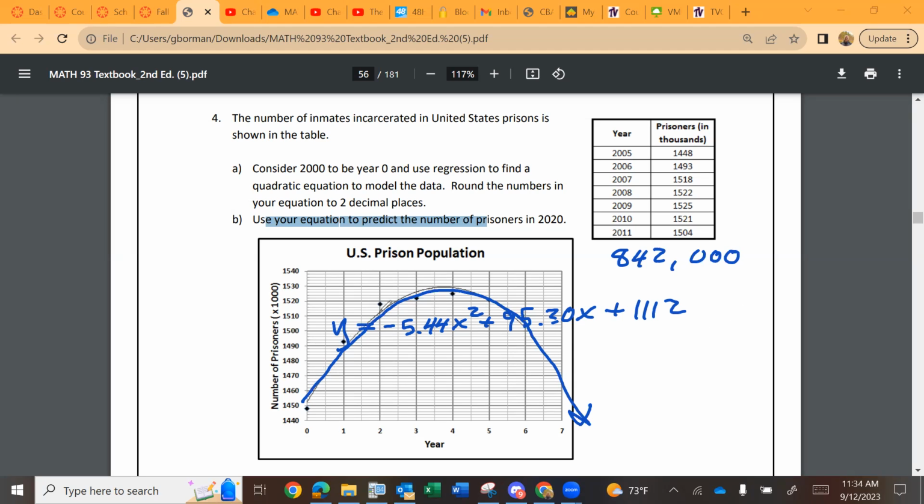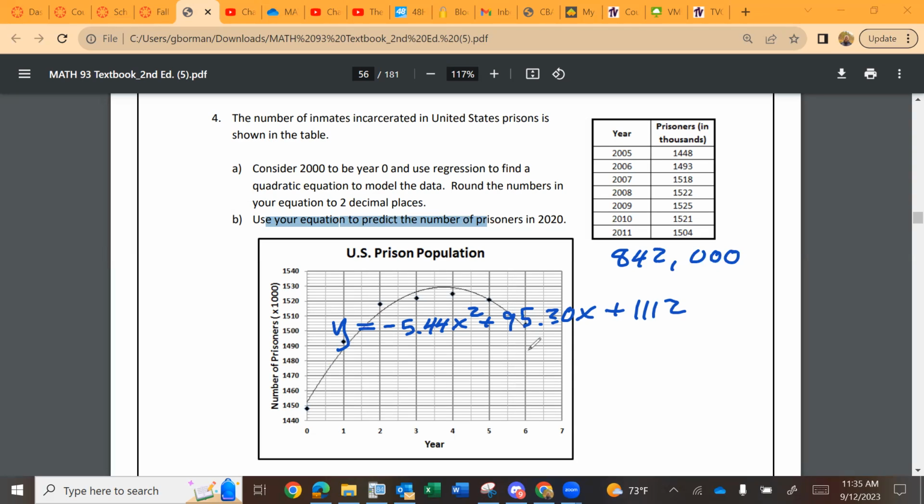So this model works great for this data here. But once you go beyond that, very far beyond that data, like probably the year 2015 is about as far as you can go, I would guess, then this model is going to break down. This equation is no longer going to be accurate.